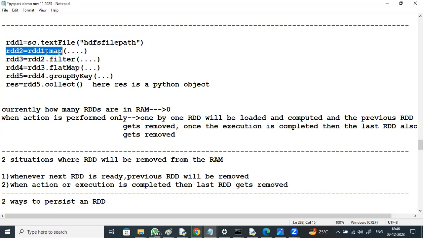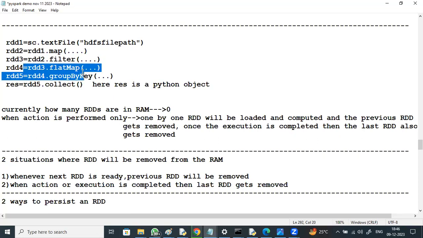From RDD1, if I apply a mapping operation, mapping each element to start with uppercase, the result you get is RDD2. On RDD2, if you perform a filtering operation, RDD3 is created. On RDD3, some map or flatMap gives RDD4. And on RDD4, some grouping operation gives RDD5.